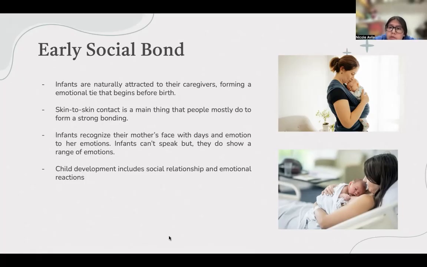An example of this is the skin to skin technique that people usually do when the child is born. They have that skin to skin contact, which is a way they start forming that emotional bond that they're going to experience daily in those interactions. So it's a great way to start that interaction with a child once they're born.